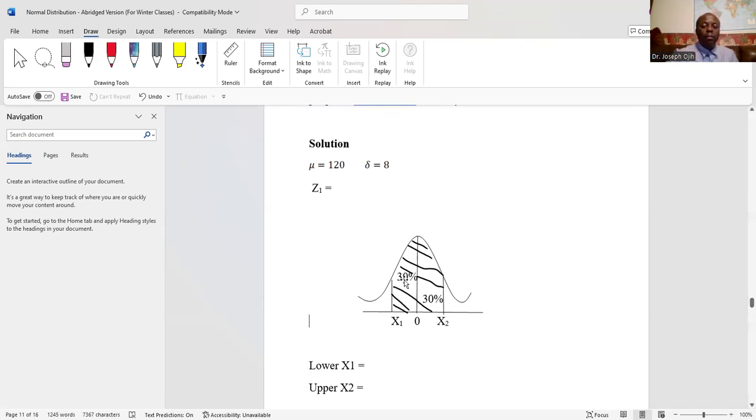So now for Z1, we have 0.300 because it's between 0 and X1. On the table of normal distribution, look for the number closest to 0.30 and ignore the decimal point. Call it 3,000, to make it easy to find on the table.